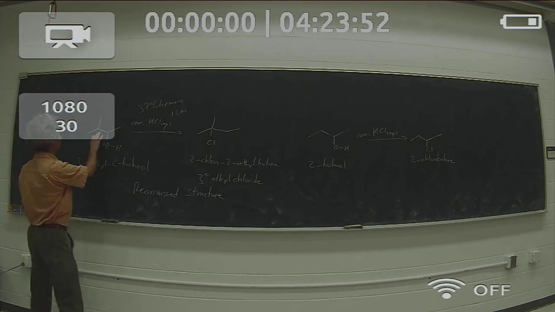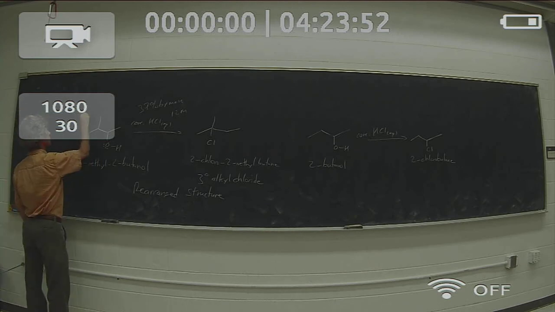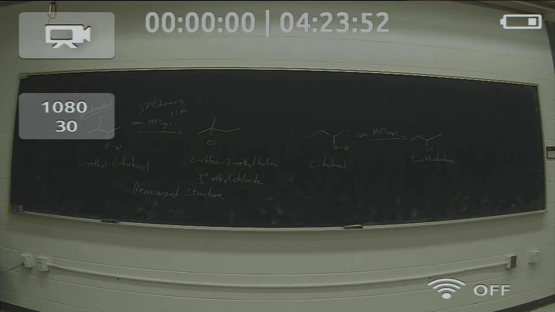But if we have a beta branch, we don't get the expected product. We don't get the chloride in the same position that the alcohol left from.